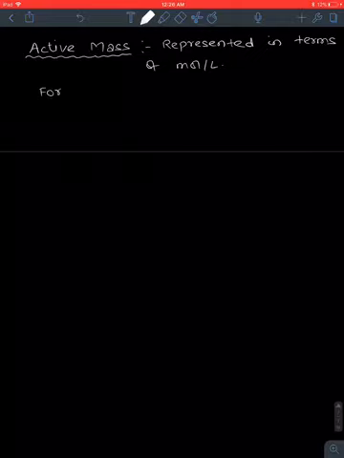For solids and pure liquids, active mass is 1. Or basically, we have taken it as 1 for our convenience.